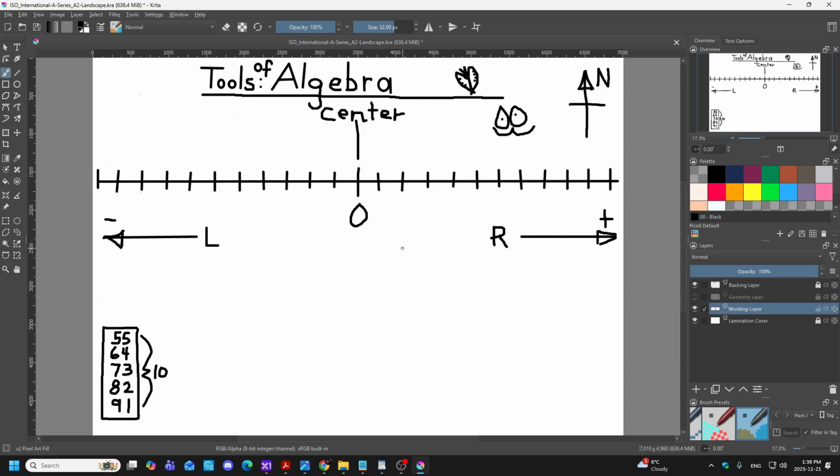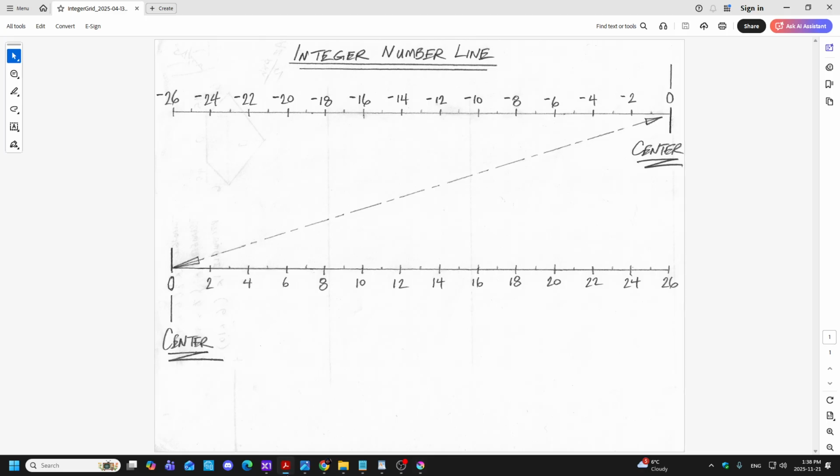We can have whole numbers and decimal numbers as well, going positively and negatively. Like I always say, all positive values go to the right and increase infinitely. In turn, all negative values go to the left and increase infinitely.